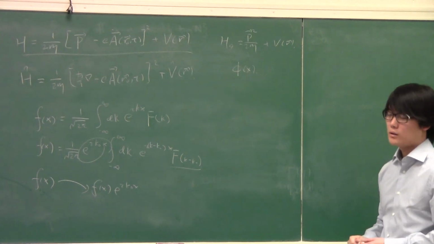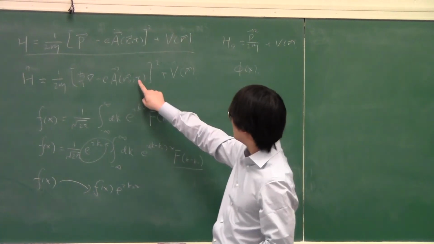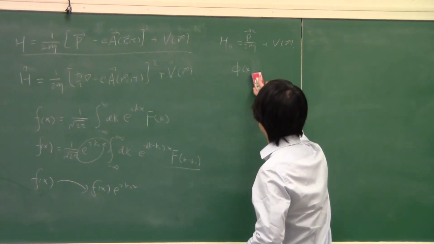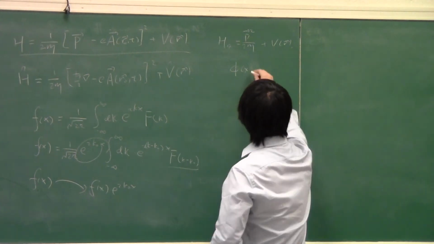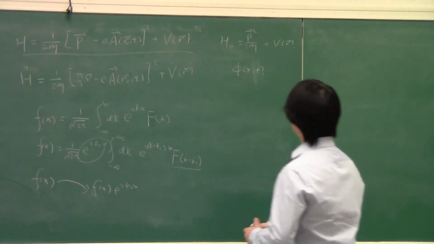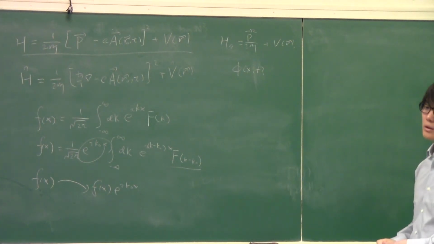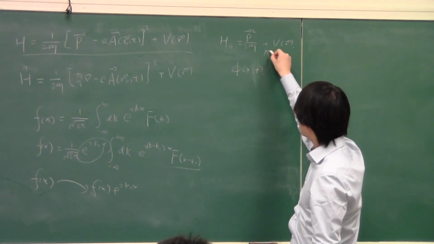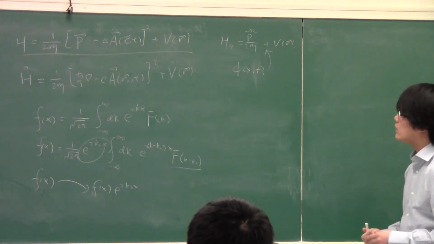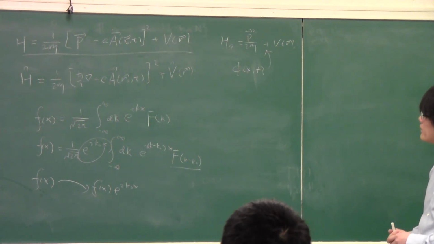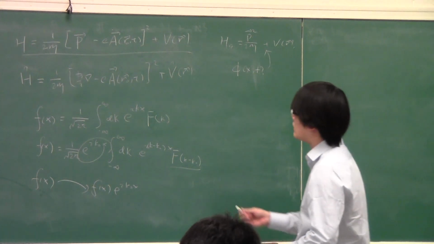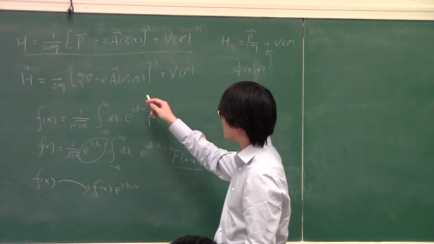And of course, because there's time dependence in the Hamiltonian, we know that the eigenfunction would depend on time as well. Okay. So if I had such an eigenfunction corresponding to this Hamiltonian, then I would expect that just by adding a phase factor to it, I will get an eigenfunction that satisfies this Hamiltonian.